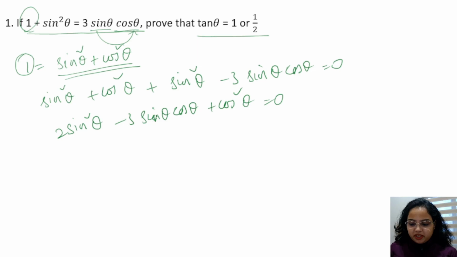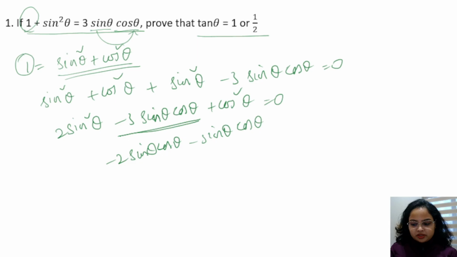So here we will split this middle term. Minus 3 sin theta cos theta can be written as minus 2 sin theta cos theta and minus sin theta cos theta. So we will write the two terms as it is: 2 sin square theta minus 2 sin theta cos theta minus sin theta cos theta plus cos square theta is equal to 0.